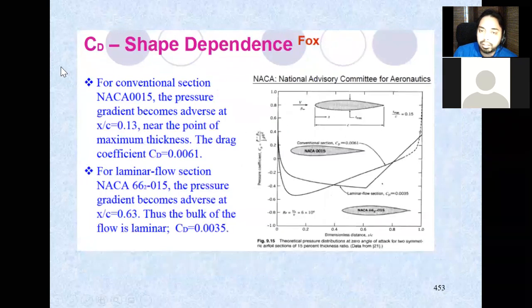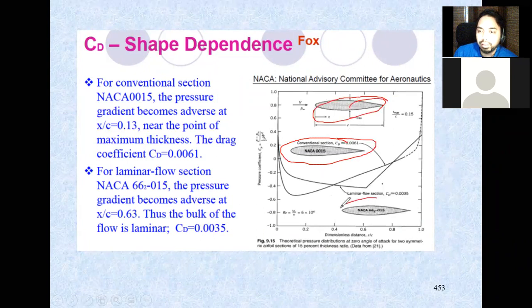This is specifically for airfoil. There is an institution, the National Advisory Committee for Aeronautics, NACA. NACA is publishing airfoil geometry guidance and the associated drag coefficient, because they have so many applications for the airfoil.